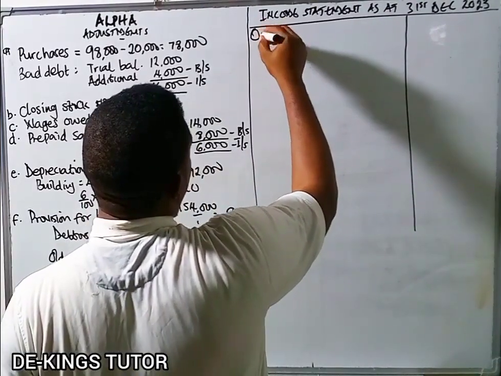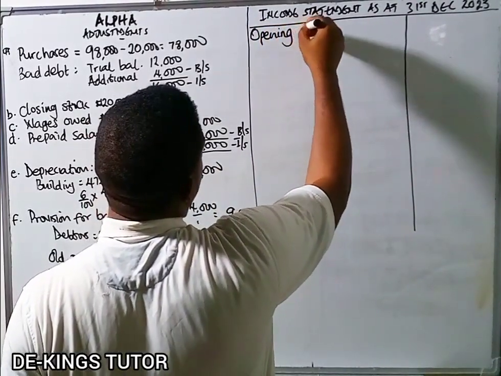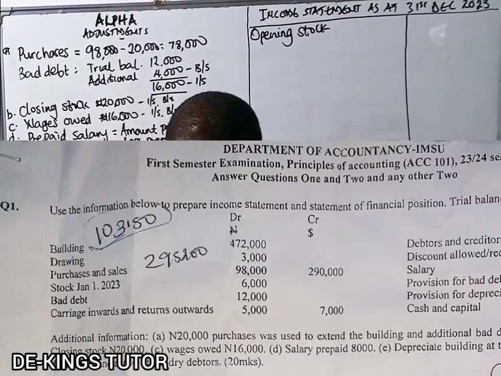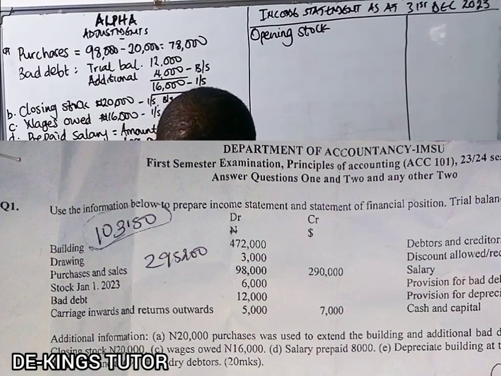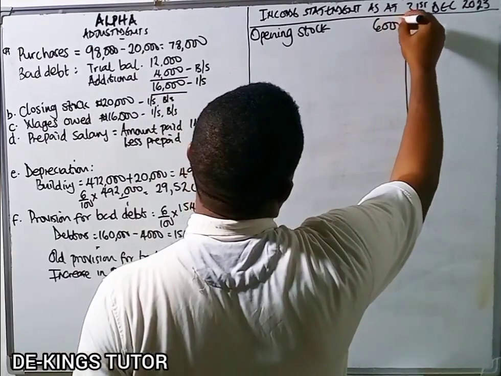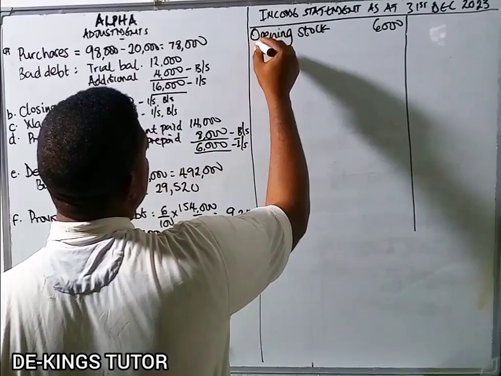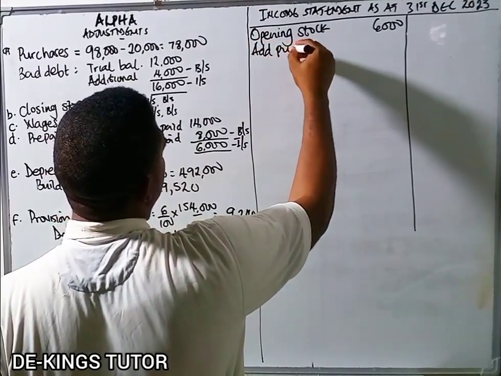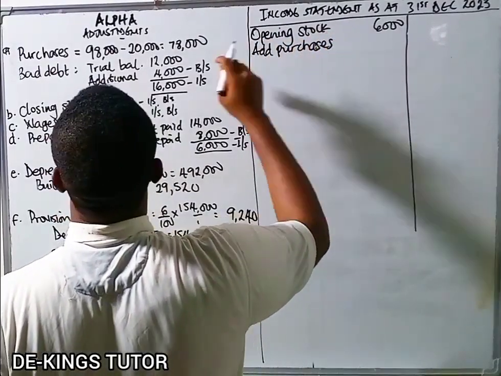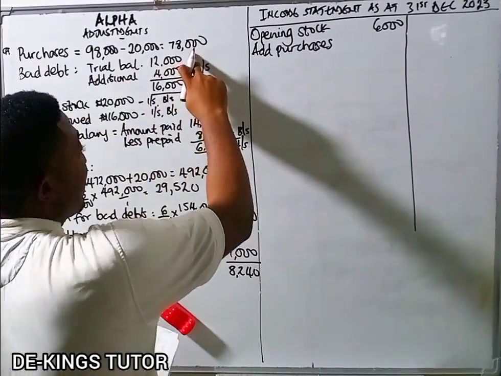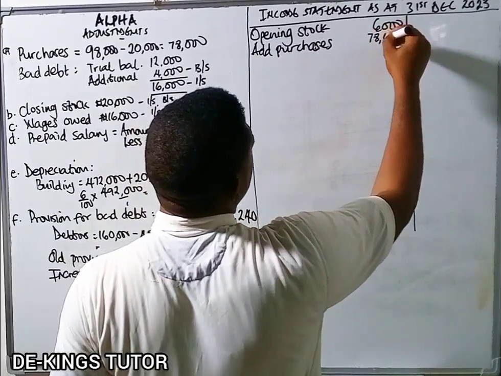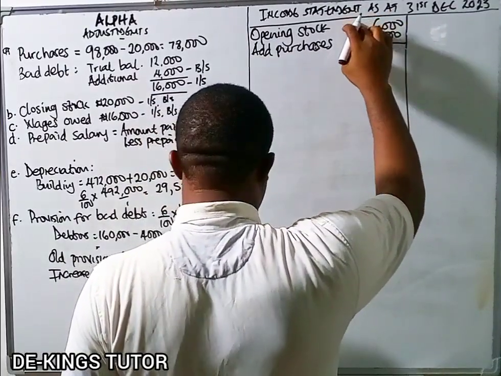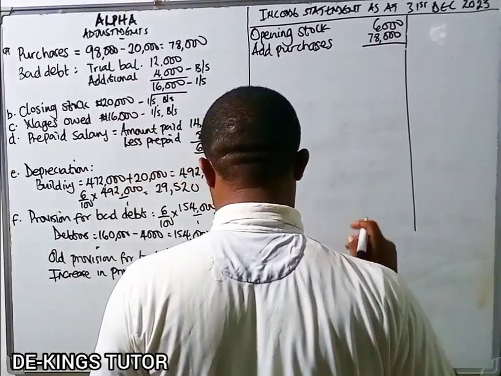Our normal is to start with our opening stock. I will check that the opening stock from the question given is 6,000. Now the next thing is to add purchases. Now look at our purchases. This is the recent value. Remember the items you have done adjustment for. So it is 78,000. So 6,000 plus 78,000 with my calculator will give us 84,000.